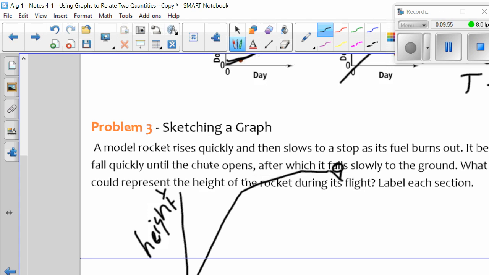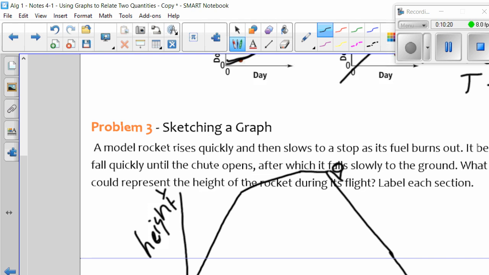Draw a little chute, and it's going to drop slowly to the ground, or to the x-axis. Okay, so it's just a sketch. We don't have numbers or anything, but that kind of shows what the rocket did after it got launched.